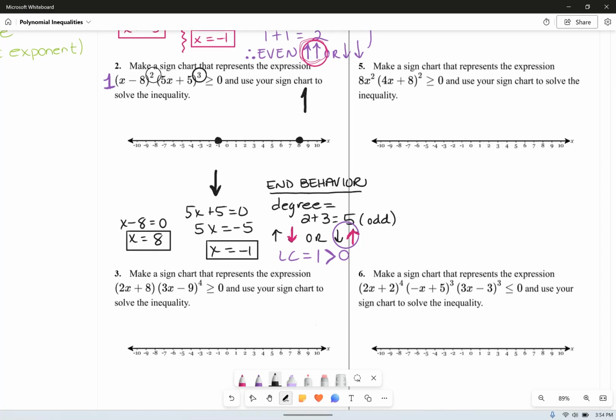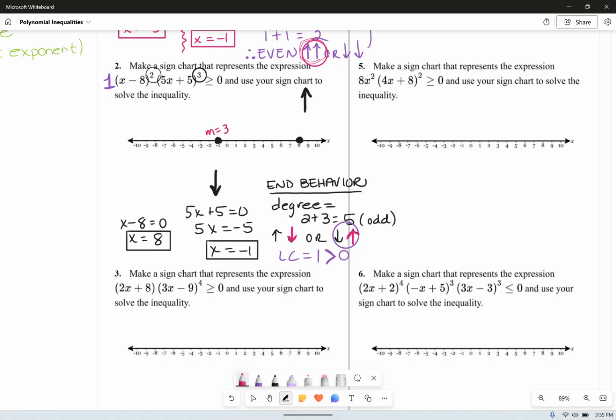So let's put another up here. What is happening in between? Well, at -1, we had a multiplicity of what? Well, 5x plus 5 turned into x equals -1. That means that our multiplicity was a 3. So I'm going to put an m equals 3 here to kind of give you a visual.